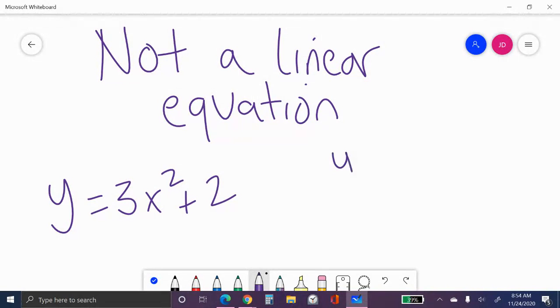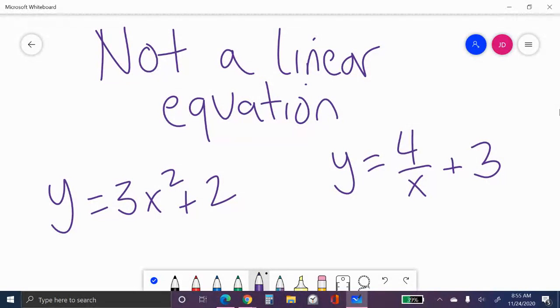Whenever you see an x on the bottom of a fraction, like 4 over x plus 3, that would be an example of not a linear equation, because the x either has to be on the top or it has to be on the side. What else is not linear? I think that's pretty much it. You're not going to see any other thing besides that.